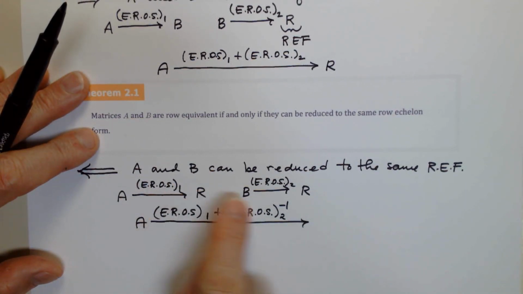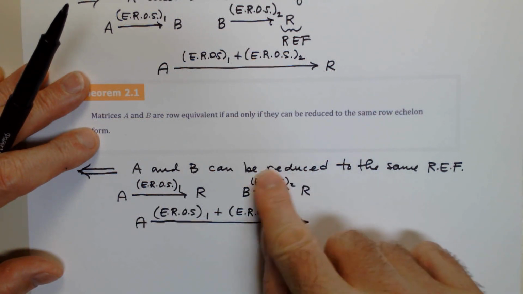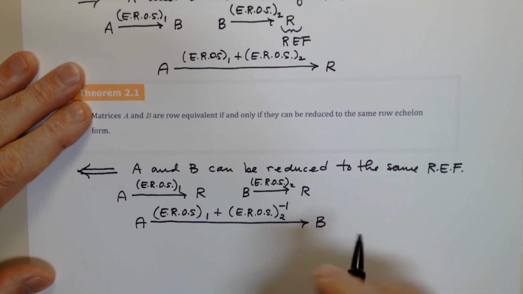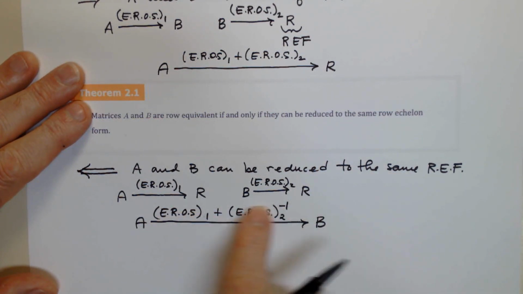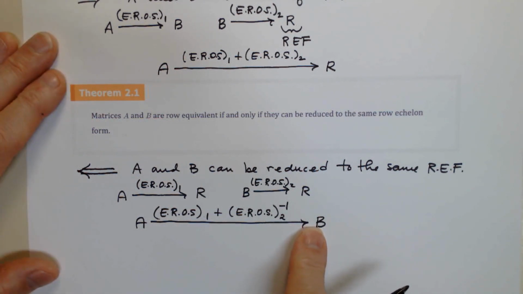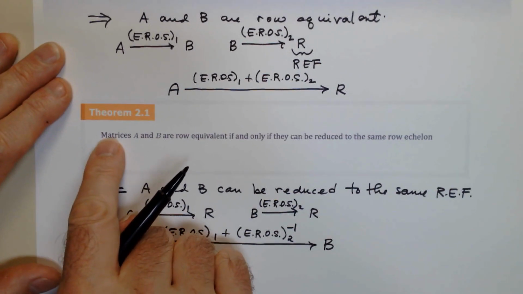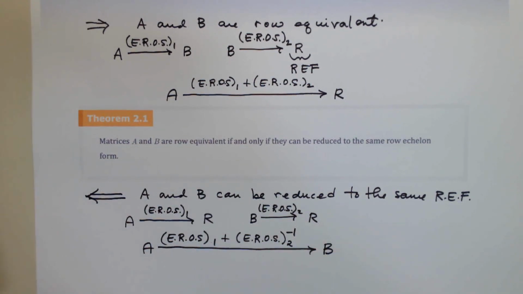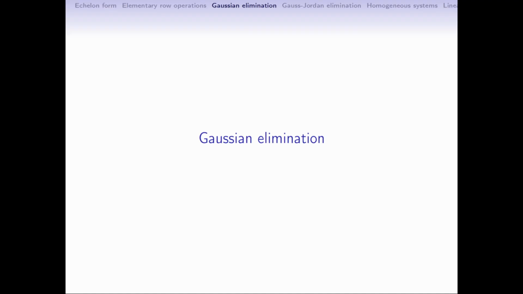I'm going to go from A to R, and then once I'm at R, I'll reverse all of these steps, and I'll go from R to B. And now I've got one colossal recipe of elementary row operations that carries me from A to B. And that's precisely what it means to say that the matrices A and B are row equivalent. So this gives us the proof of theorem 2.1.